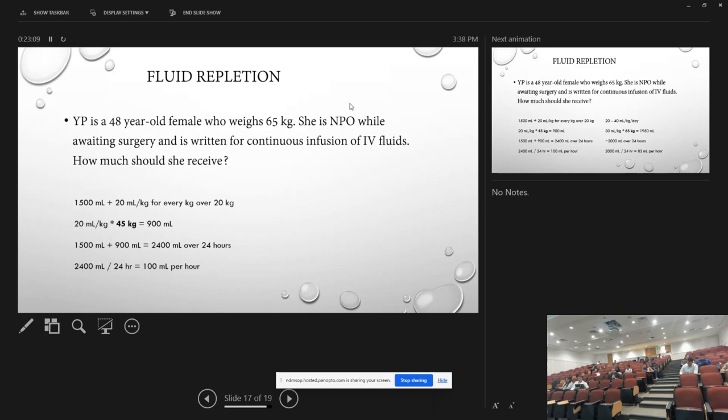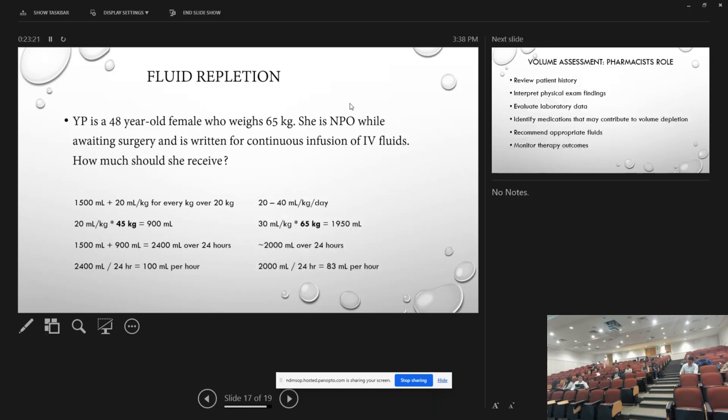So what you would do is probably divide that over 24 hours, and then you can administer it at 100 mils per hour. If you chose the other route, which I would, because it's simpler, so 20 to 40, I just put 30 in between: 30 mils per kilo times 65 kilos gives you 2 liters, or just round up to 2 liters.